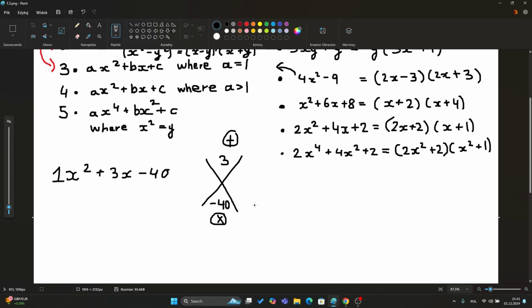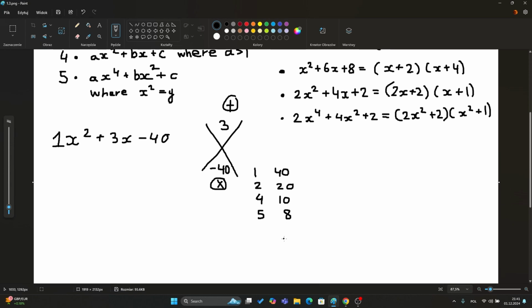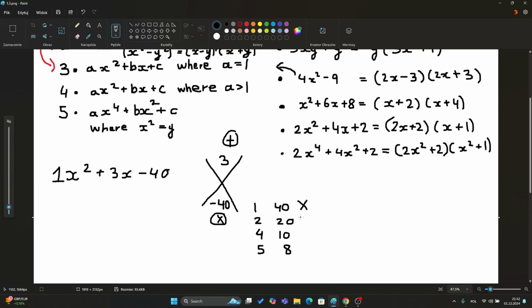So you write the factors of 40: 1 and 40, 2 and 20, there is no 3, 4 and 10, 5 and 8, and I think that's it. So here, 1 and 40 is not it, 2 and 20 is not it, as well as 4 and 10.